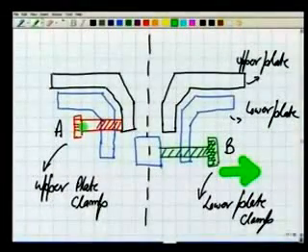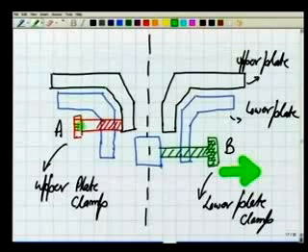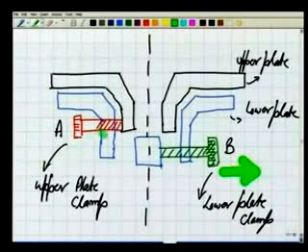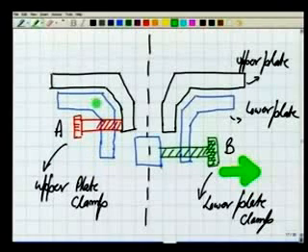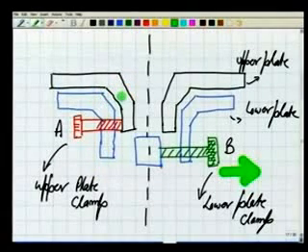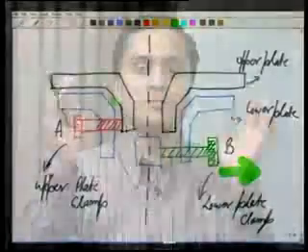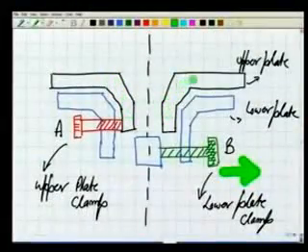Now if I release this A also, A also comes out in this direction. What will happen? The contact between the lower plate and the upper plate will be lost. Now in this case, if I rotate my instrument, only the upper plate will rotate.